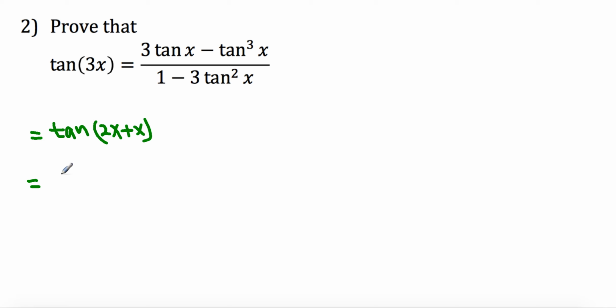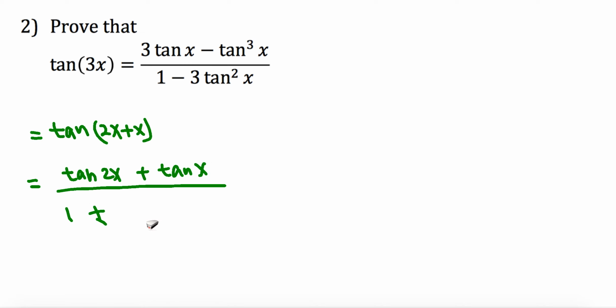Then this now becomes tangent of 2x plus tangent of x, divided by 1 minus tangent of 2x times tangent of x. Oops, the numerator is plus, and the denominator is minus.